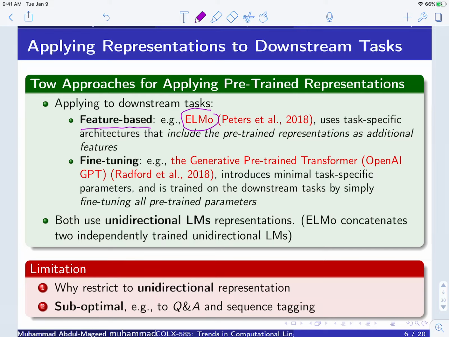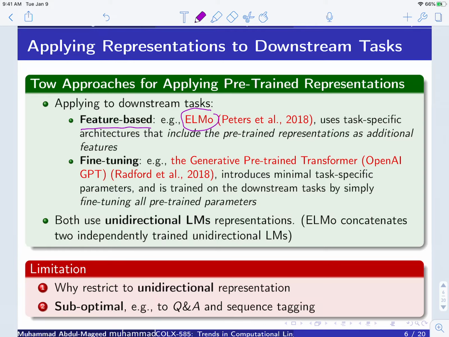There's another approach that they refer to as fine-tuning, and BERT actually uses this approach, which is to train a general representation and then use it. Use the whole representation. Don't concatenate it to the downstream task. Just use the same representation, just enhance it a little bit, like continue learning using it on the downstream task.